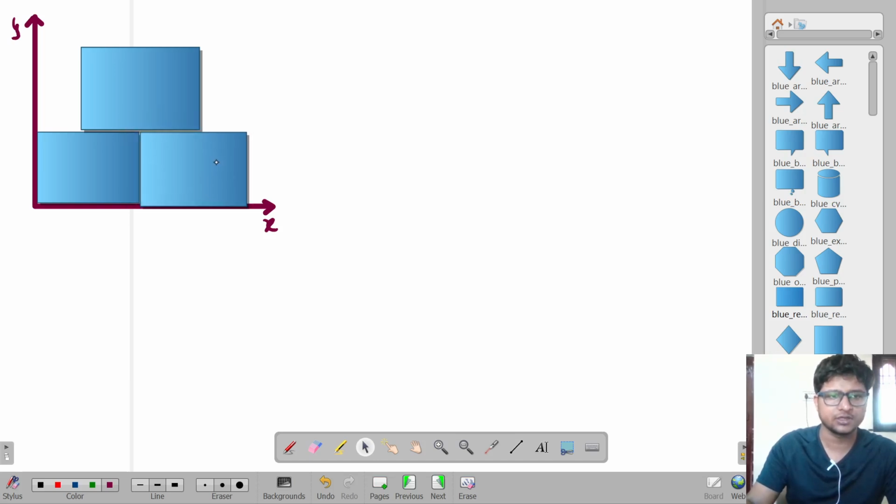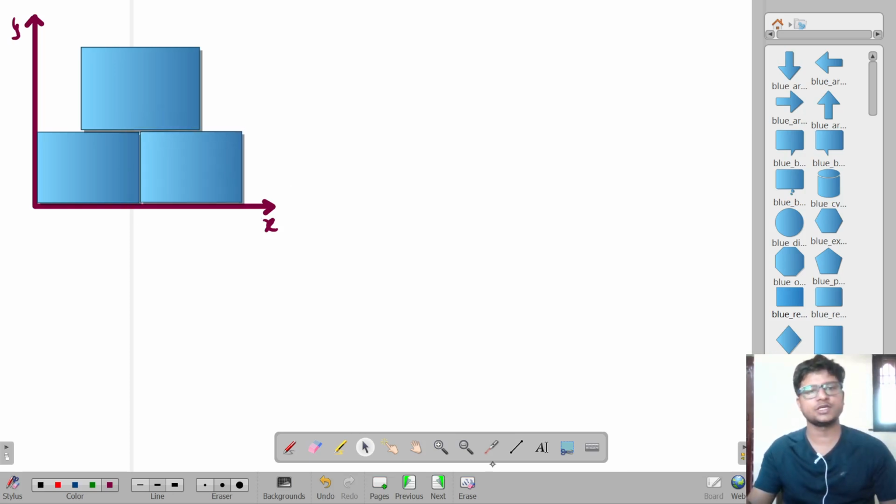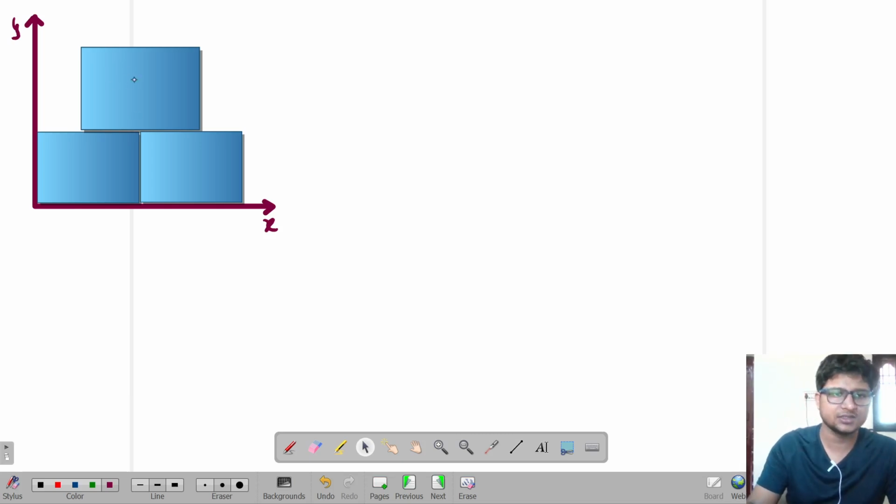Let us not waste our time. So I have placed 3 square plates like this, such that this square plate lies exactly at the center of the square. Each square plate has edge length a, and the mass of each square plate is the same, which is m.